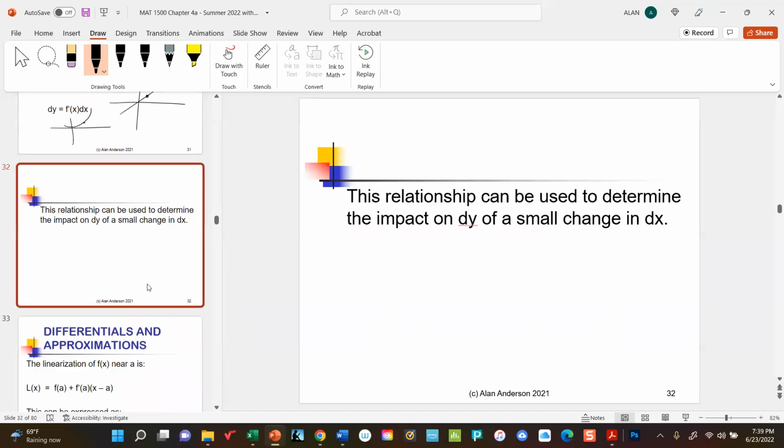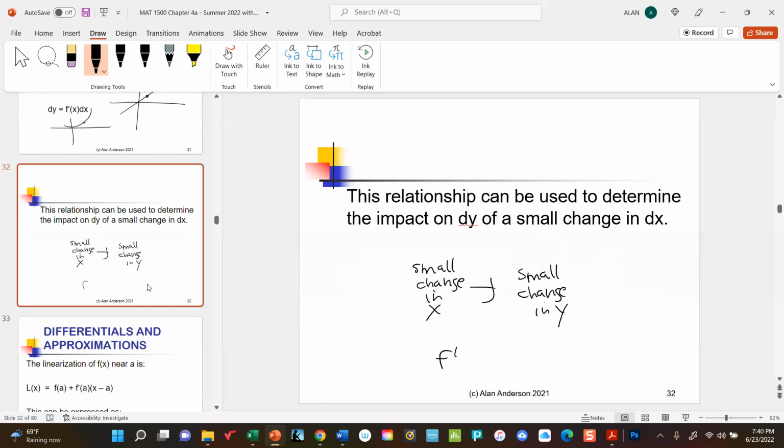Anyway, the point is that because of the way they're related to each other, a very small change in x triggers a small change in y. So essentially what you're capturing with the derivative is what happens to y when there's an infinitesimally small change in x. That's really what you're trying to capture.